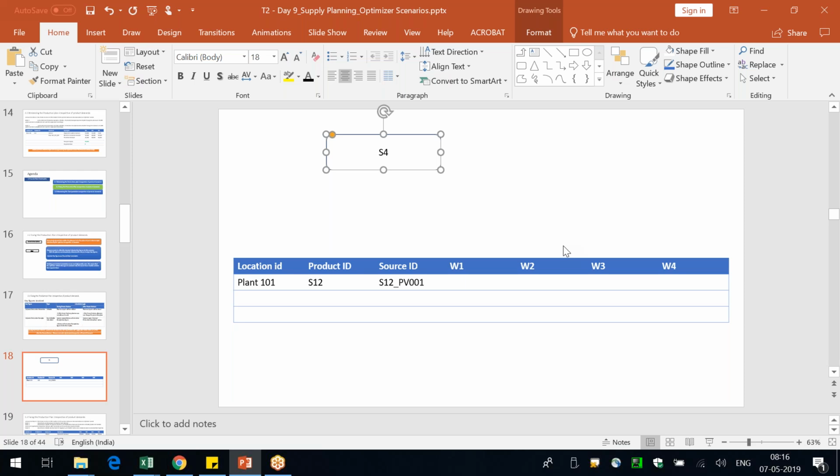Why doesn't it want a new plan? Because S4 is already busy with the old plan that IBP has sent. S4 has already scheduled everything, and S4 is busy processing it. So the planners don't want any new plan within the frozen horizon. That's the first thing.